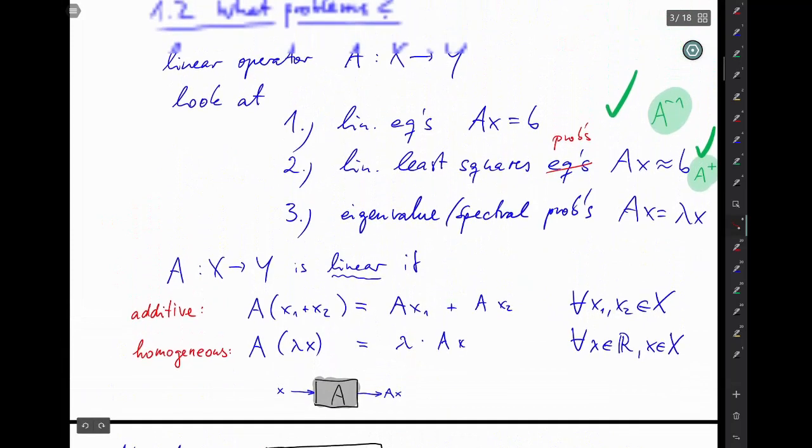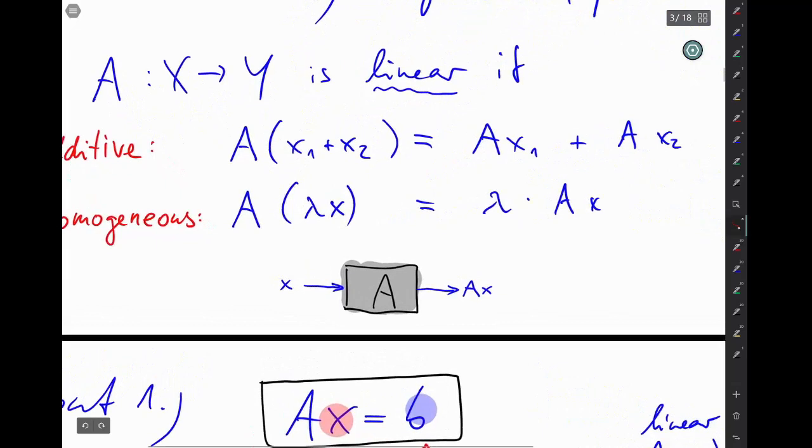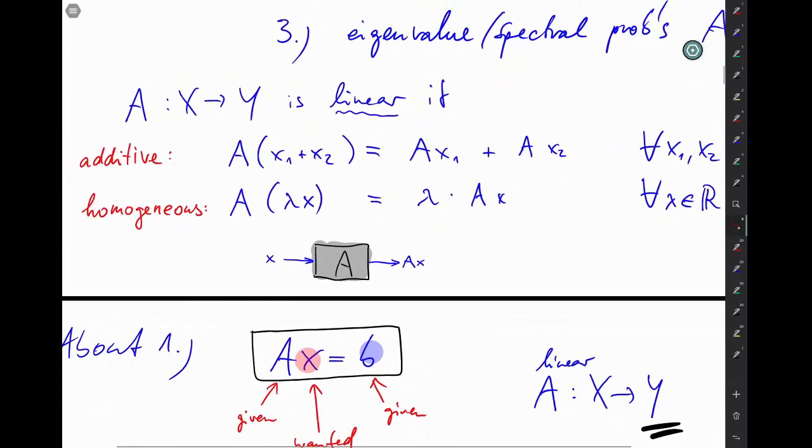That's what linearity means. In the end, of course, what you want is to combine these two rules, additivity and homogeneity.